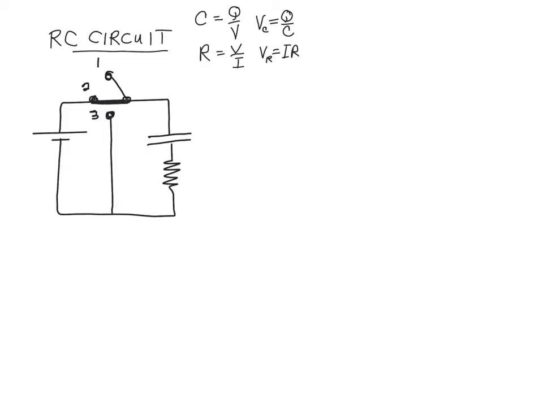So in a simple sense, what happens is the battery will cause current to flow onto this plate, charging this plate positive, and charge will flow off of this plate, leaving it negative. Remember, I'm talking about the movement of positive charge because that's current.